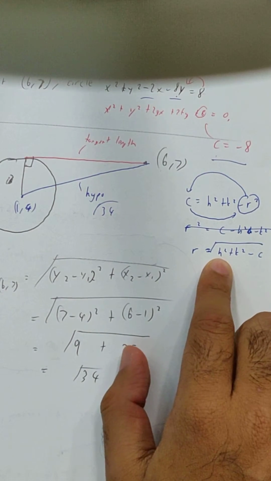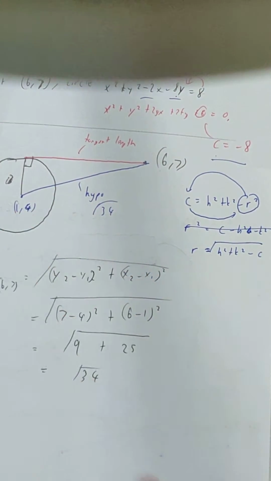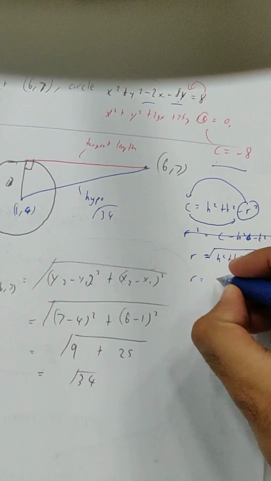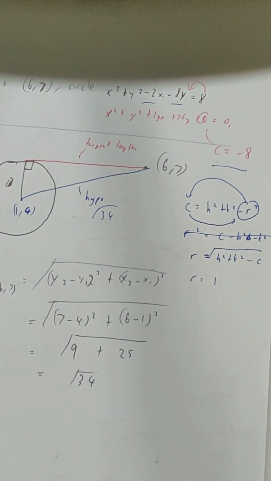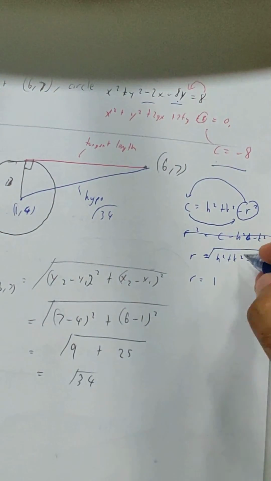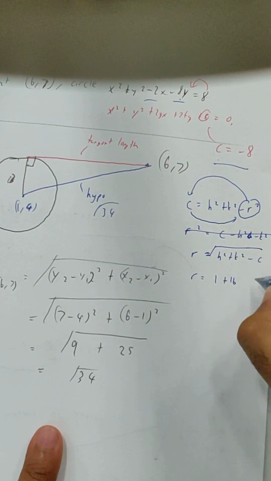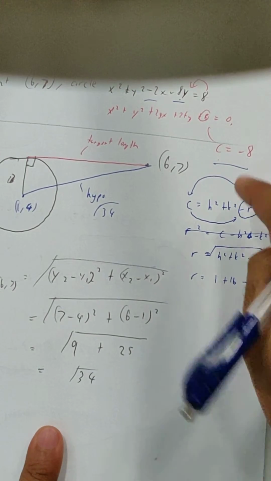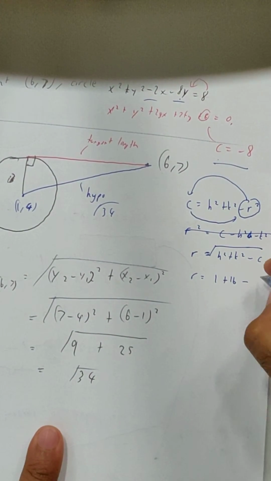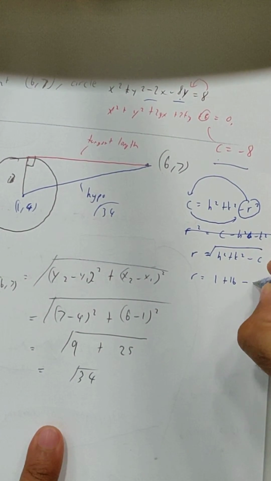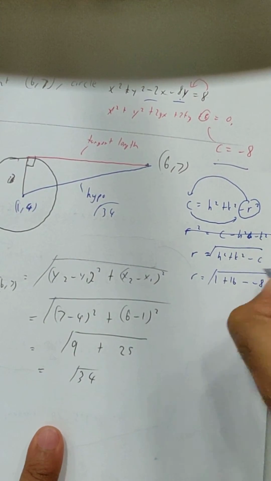Okay, what's my h squared? My h squared is 1. What's my k squared? 4, so becomes 16. What's my c? My c is minus 8. So minus minus 8, plus then.